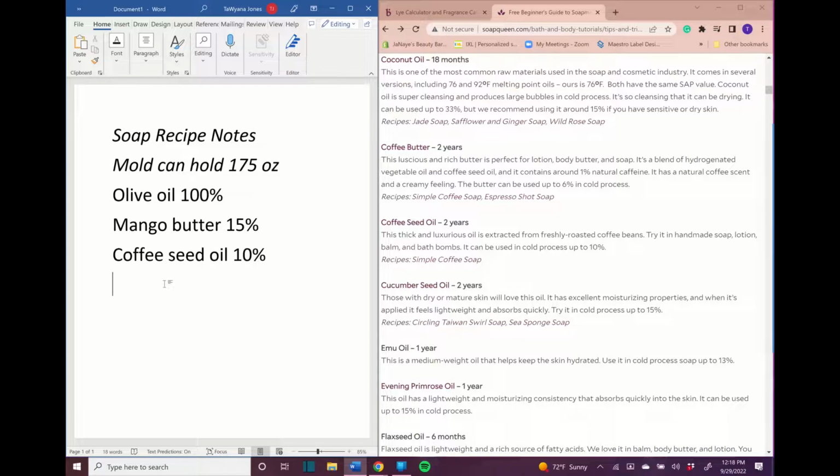Another thing I needed to talk about, so superfat. Superfat is basically the percentage of oils that is left over in your soap after saponification. So if you did a superfat of 2%, 2% of oils will still be oil in your soap when it's done turning into soap, and that is what's left on the skin to give that moisturizing property.